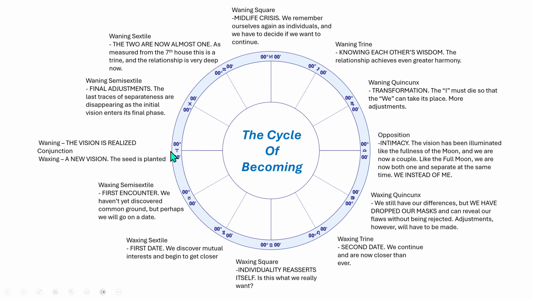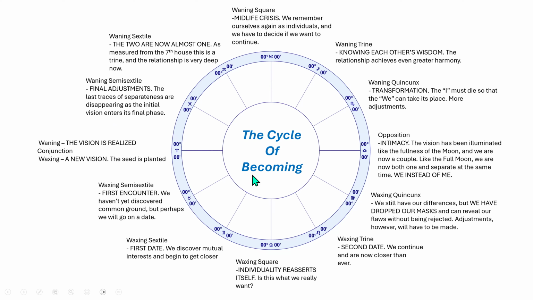But what began as just a seed and a vision for what could be is now a vision that is realized. And things have progressed, evolved, developed to their fullest extent, and now it all comes back together as one.